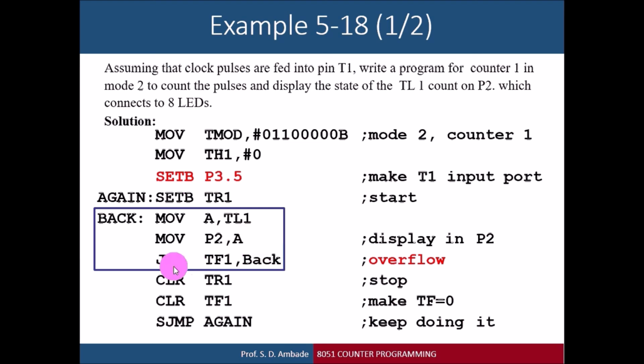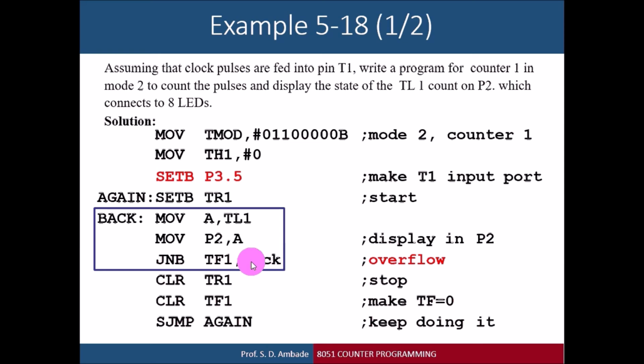Then JNB TF1, BACK. This is the loop to continuously monitor the status of the TF1 flag. This flag is 0.